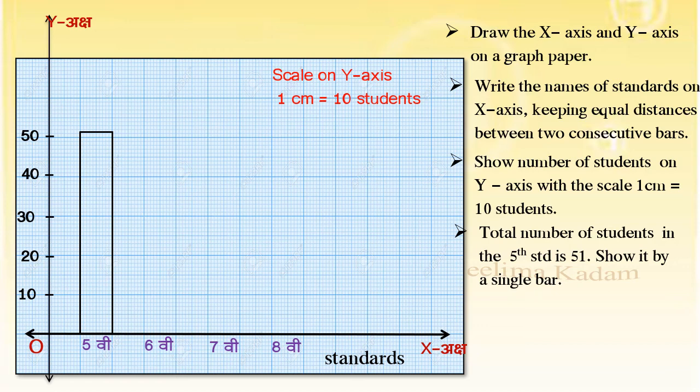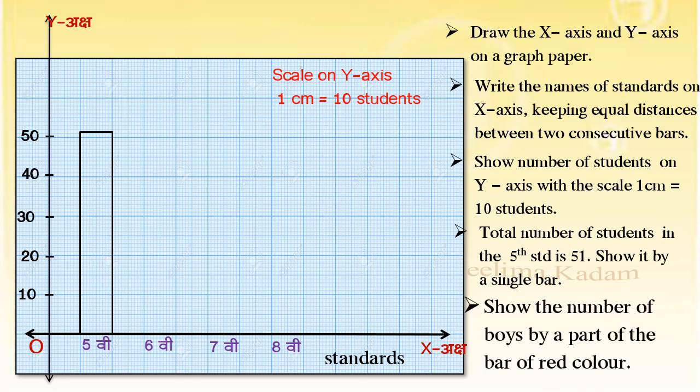So let's show the number of boys with red color. Show the number of boys by a part of the bar of red color. How many boys are there? Yes, 34. So 34 centimeter of this bar we have to show in this 5th column.